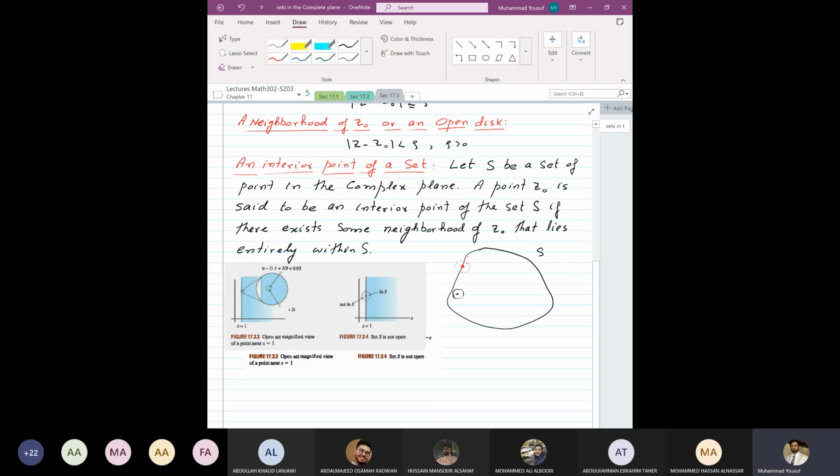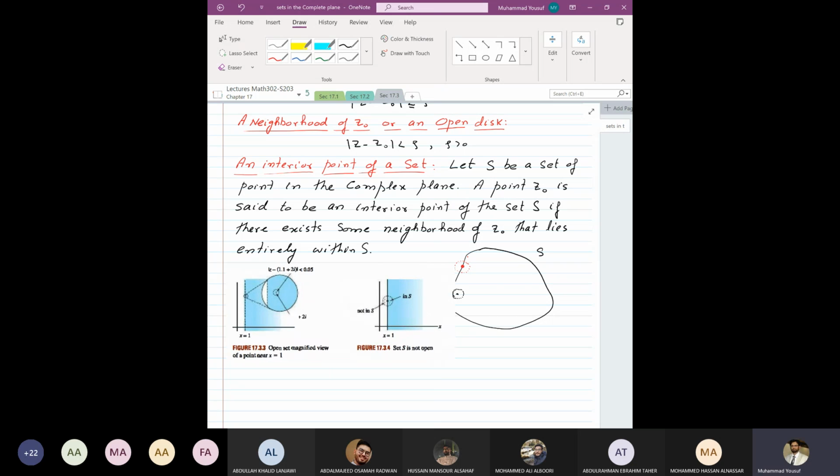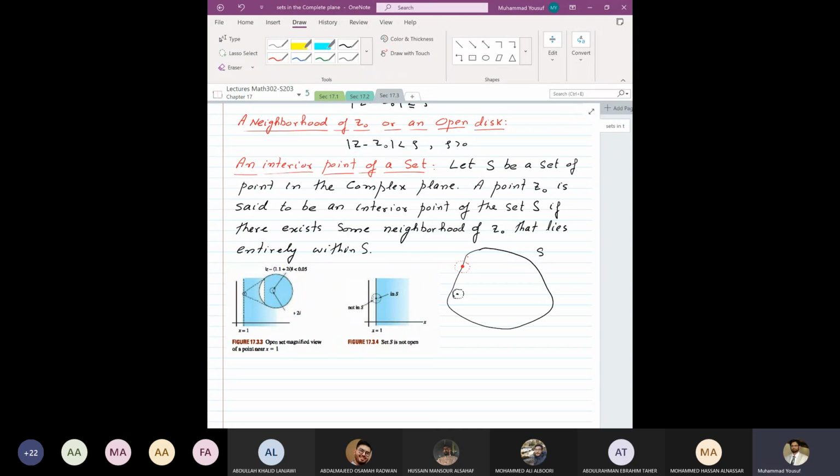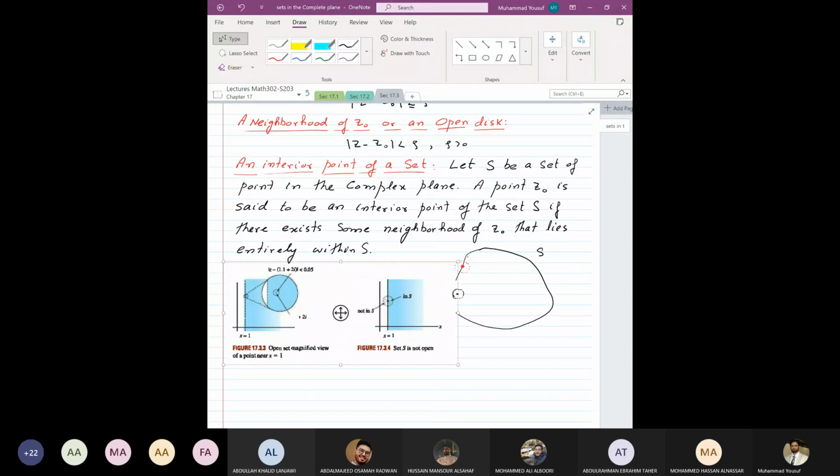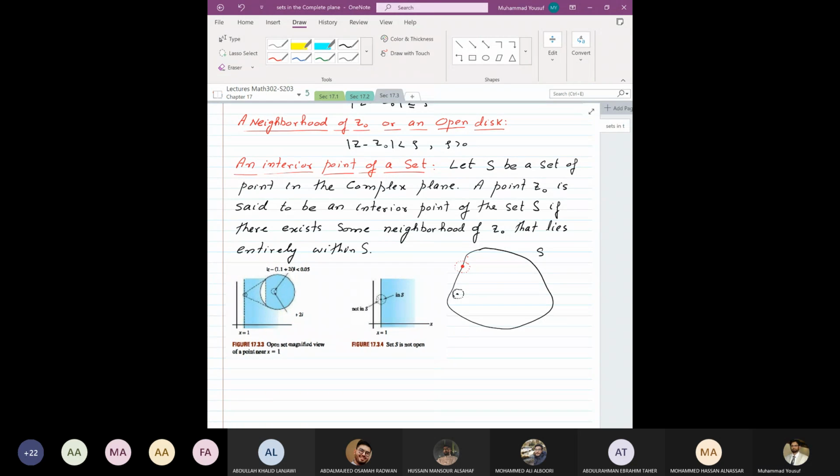If you look at this figure, which I am taking from your book, what is this set shown in blue color?